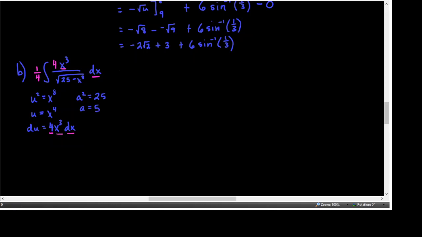So our answer will be 1/4, which we get from the front of the last integral, multiplied by, according to number 18, arc sine, notice again there's no 1 over a here, arc sine of u, which is x to the fourth, whoops, wrote 3, x to the fourth, over a, u over a, plus c.